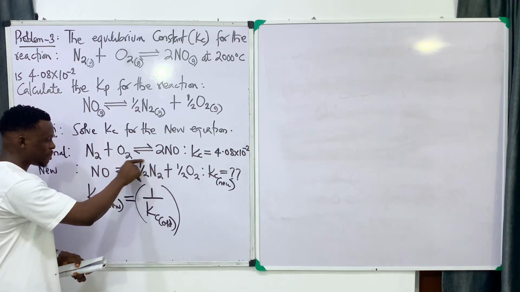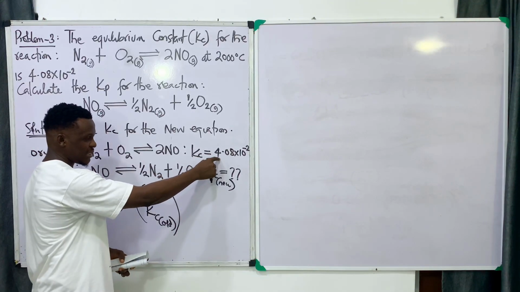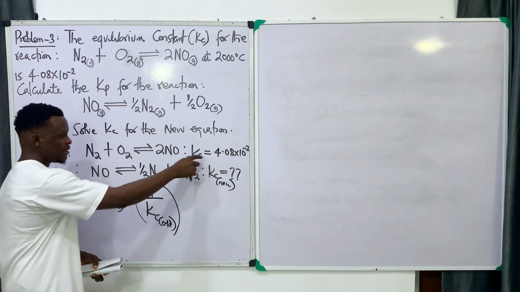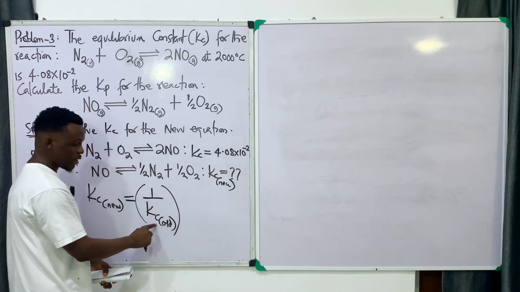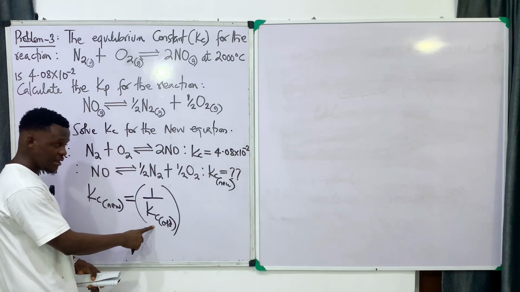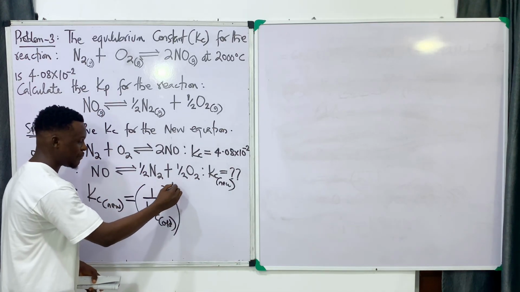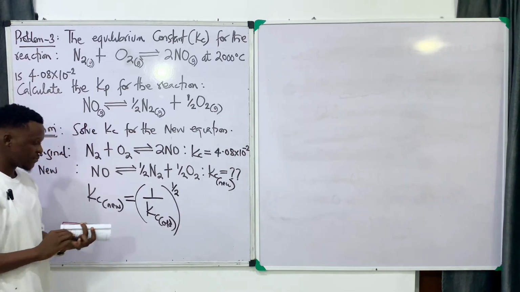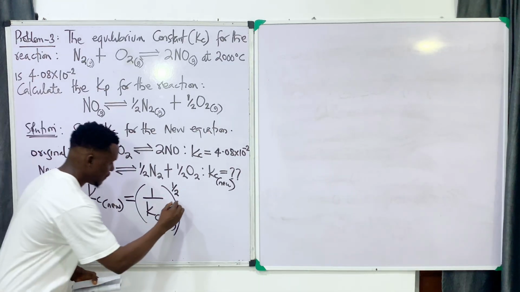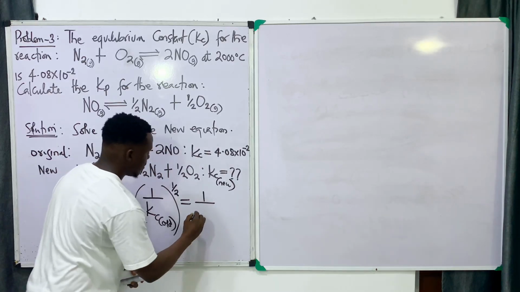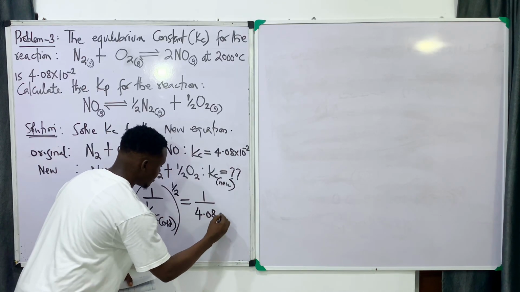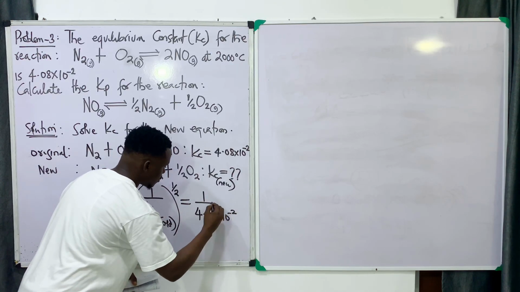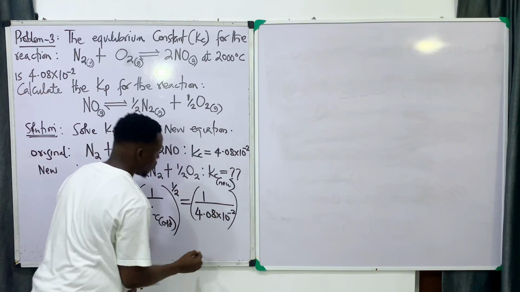So when you reverse, this constant becomes reciprocal, which is what we did here. When you now multiply by half, this guy now becomes raised to the power of this. All right, so you now say 1 all over 4.08 times 10 raised to the power of minus 2, all raised to the power of half.